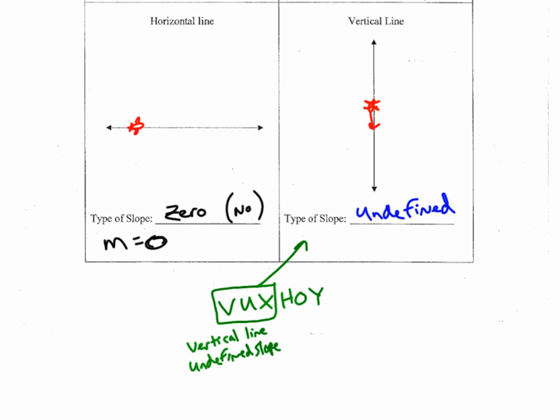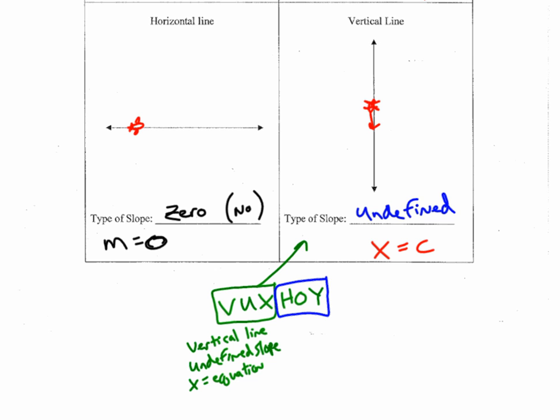And if I were to write the equation for this vertical line where the plane's going straight down, this would be x is equal to c. X is equal to some number. So this is an x equals equation. If I have an x equals equation, I have a vertical line with an undefined slope. So I can name all of those things, and VUHOY will help me remember that.